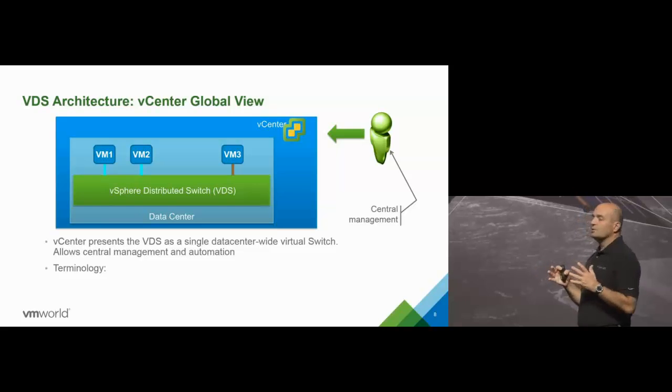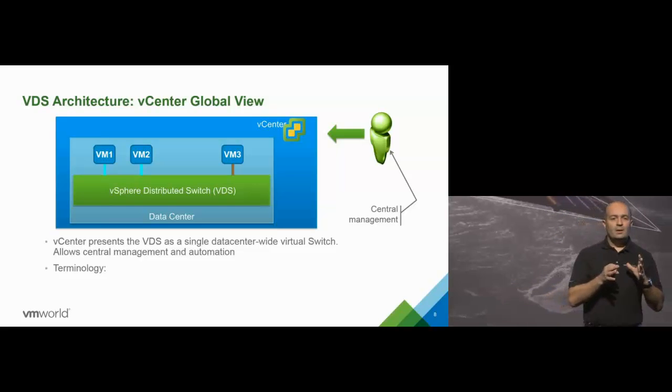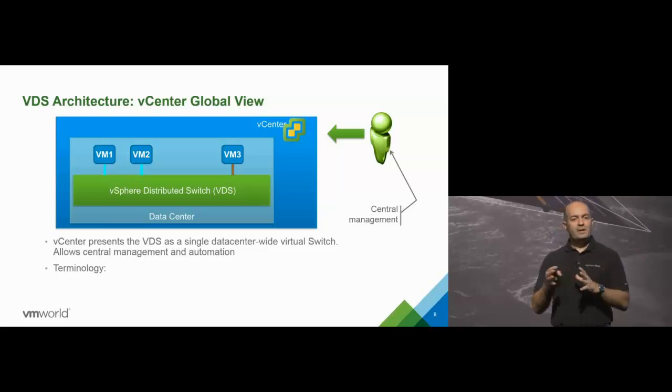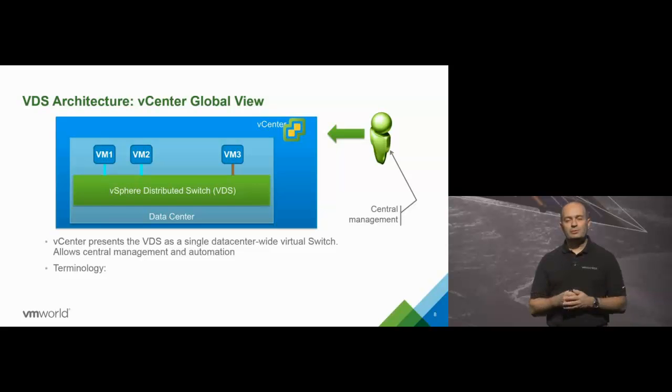The vSphere standard switch used to be managed on a per host basis, just like a physical box if you want. And what the VDS adds on top of the VSS is a global view of the network. The VDS is capable of representing a virtual switch that spans a whole data center.